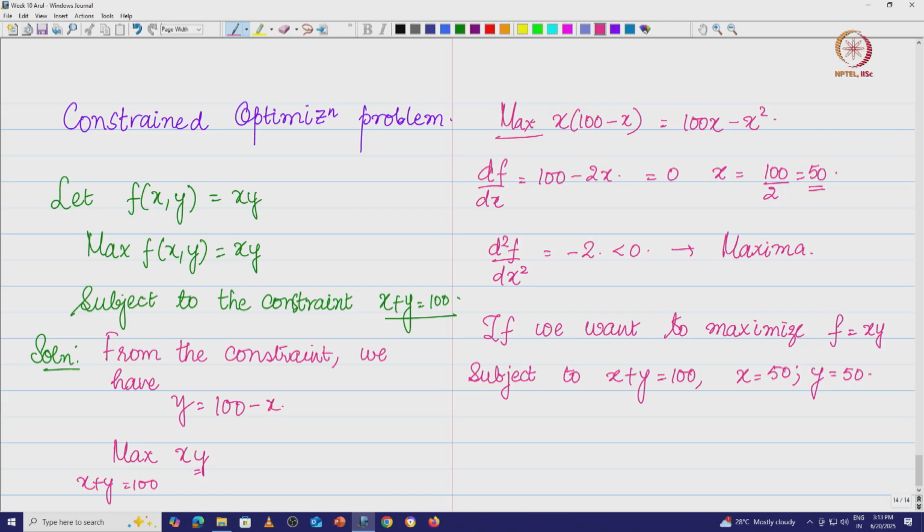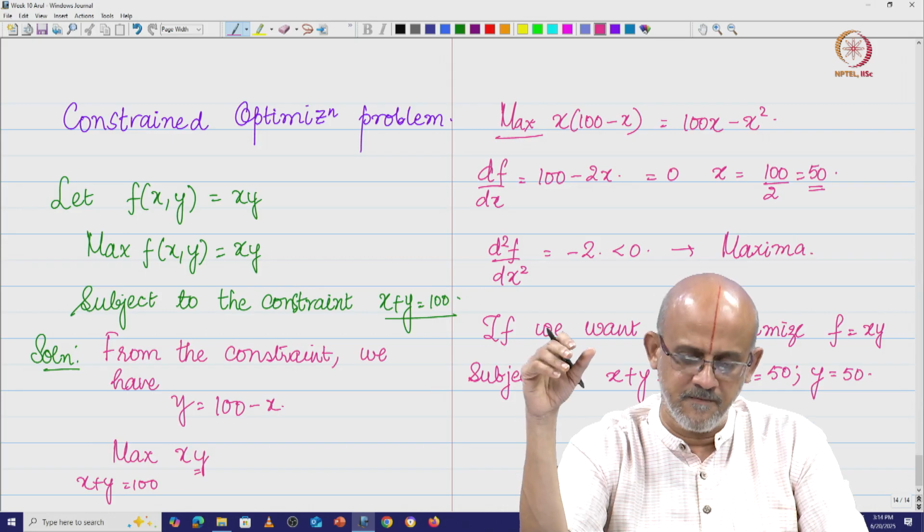When you do not have any constraint, then you call it an unconstrained optimization problem. Suppose you restrict the value of your decision variables to some region or boundary, then we get into the notion of constrained optimization problems, in which case I have to adopt a different strategy. We just did a simple example here.